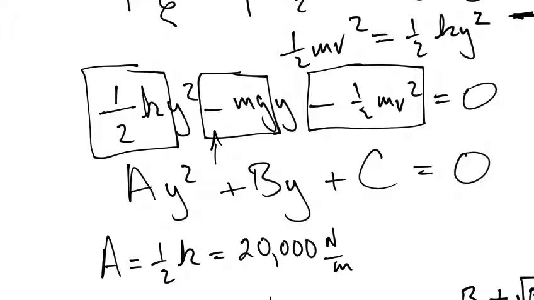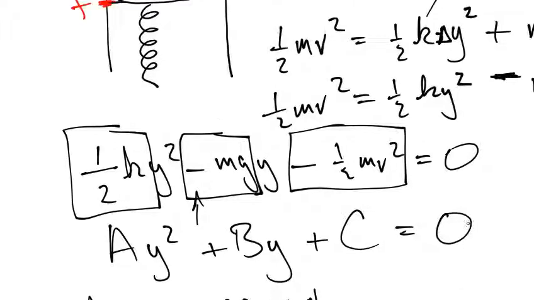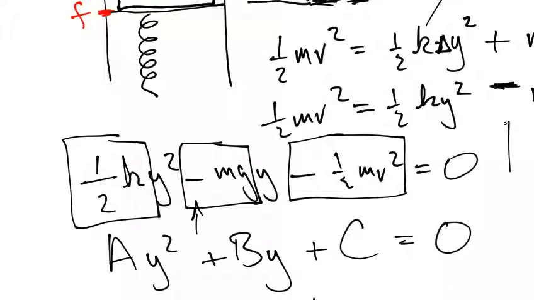So we get two roots, y equals either negative 2.8 or positive 3.2. And the one we want is that one, okay? Because we've already taken into account that it's negative by the fact that we've said that here.